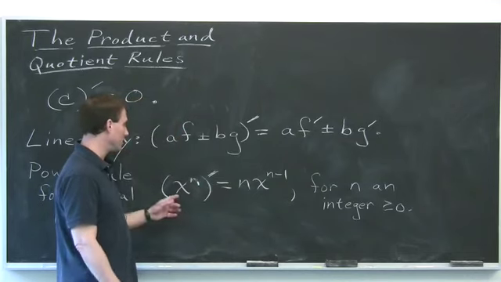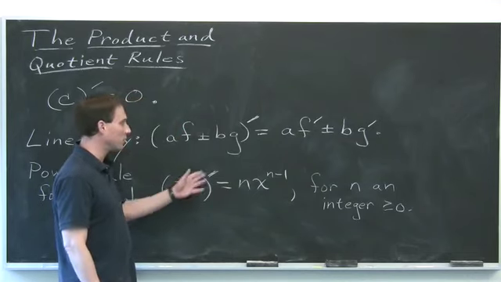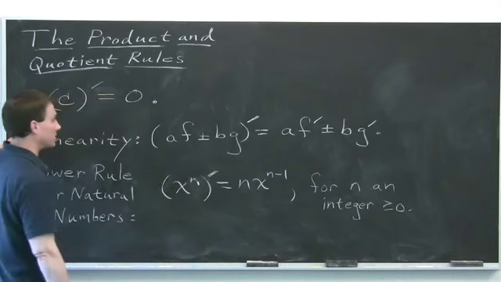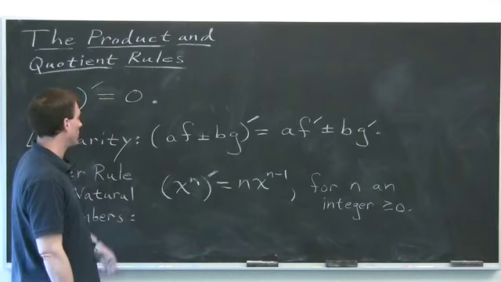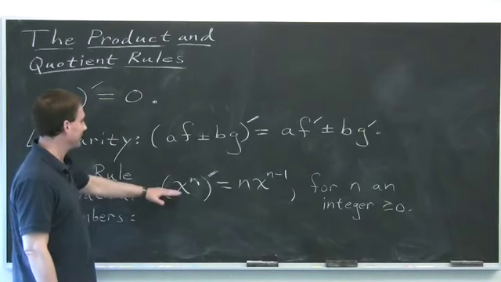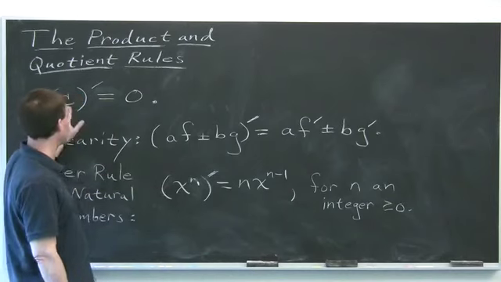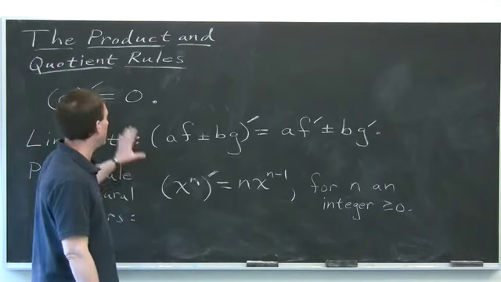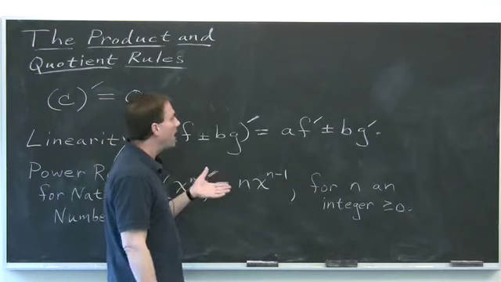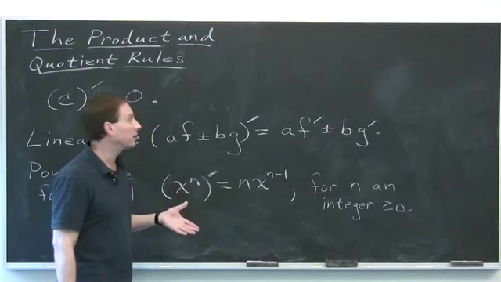Because what we mean when n is 0 is just that this is 1 and the derivative of 1 is 0 because it's a constant. And we're just trying to incorporate this here. Or really it's this combined with this. You can pull out the c and then just be left with the derivative of 1, and that's handled by this. All right, these are the rules we have so far, and they enable us to differentiate any polynomial.